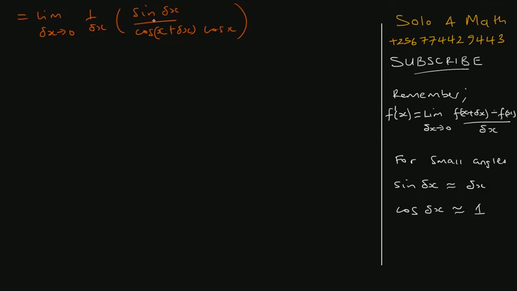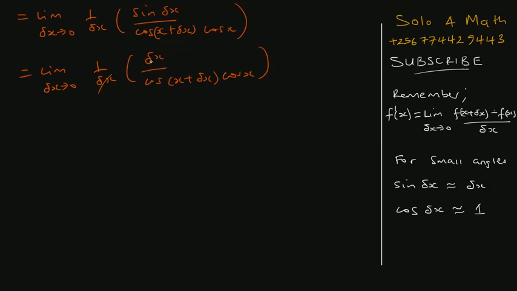So considering this assumption, we know that sine of a small angle is approximately that small angle. So this is simplified to the limit as dx tends to 0 of 1 over dx, then this one is approximately equal to a small angle over cos x plus dx cos x.